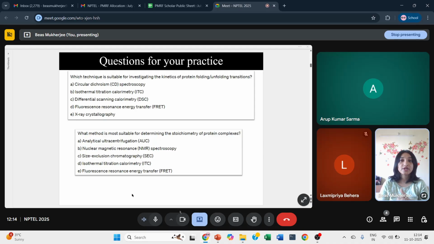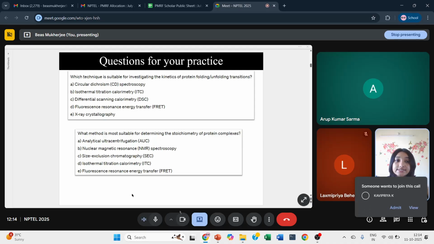Option A is circular dichroism spectroscopy. Option B is isothermal titration calorimetry. Option C is differential scanning calorimetry. Option D is FRET, that is fluorescence resonance energy transfer, and option E is X-ray crystallography. Which of these techniques do you think would be most appropriate to study protein folding and unfolding transitions?